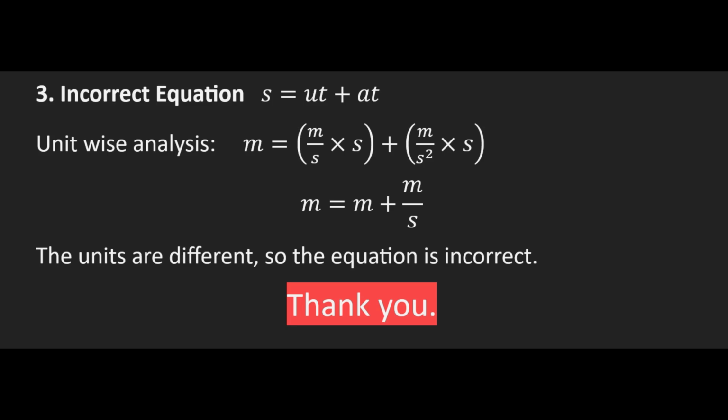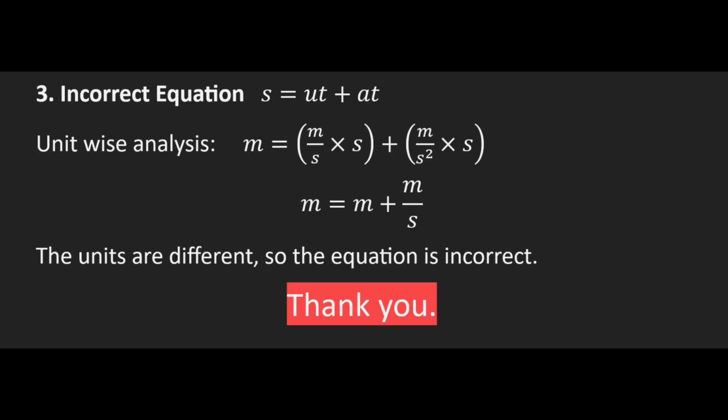So, after replacing the units, we get meter equals meter per second multiplied by second, plus meter per second square multiplied by second. Now, solving step by step, in the first term, second cancels with second, so we get meter. In the second term, only 1 second cancels, so we get meter per second.